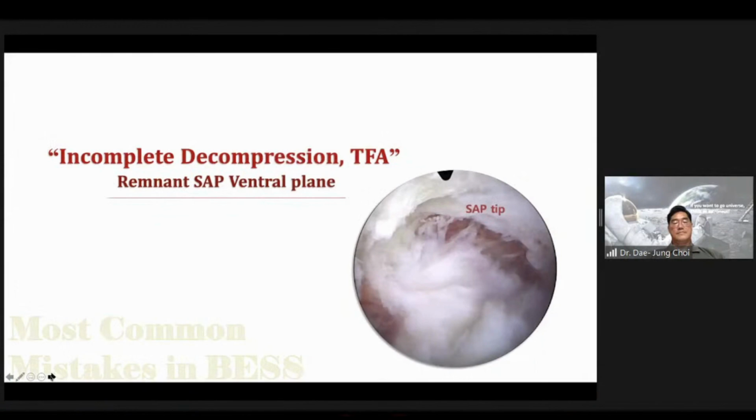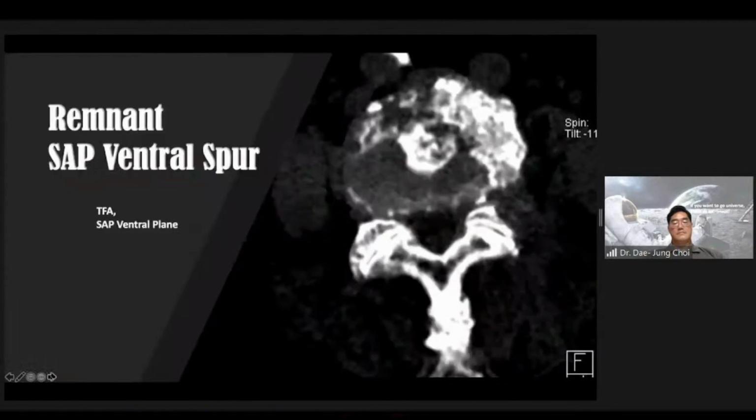When you have no complete 3D anatomic information about the foramen, you can also frequently make incomplete decompression. SAP has a very specific morphology, so you can easily understand endoscopic views and perform an ugly-free BESS.